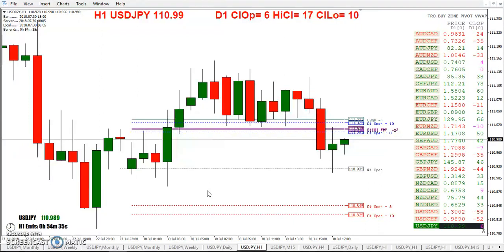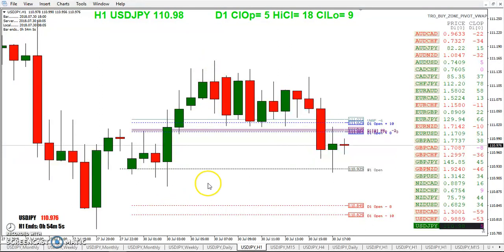That would be for the entire day. But we don't know when that is because right here, we had a daily high, a new daily high, a new daily high, and another new daily high. And here we had a daily low. And those are the figures right there, the high and the low.